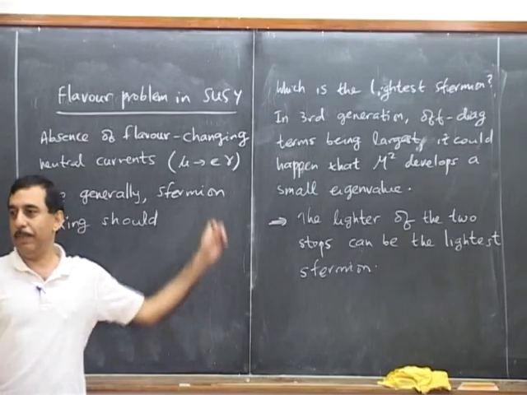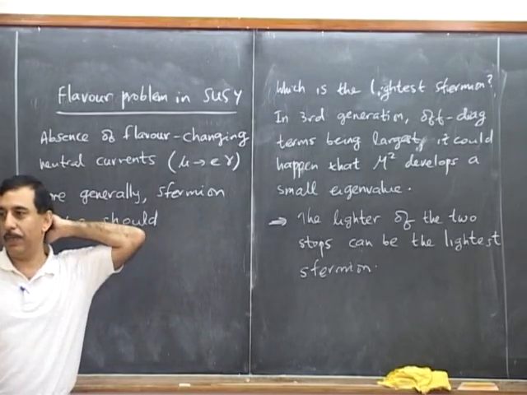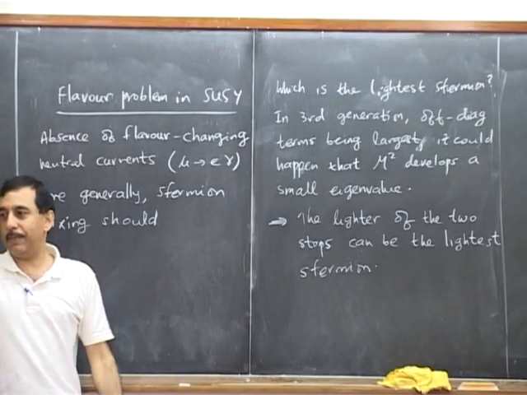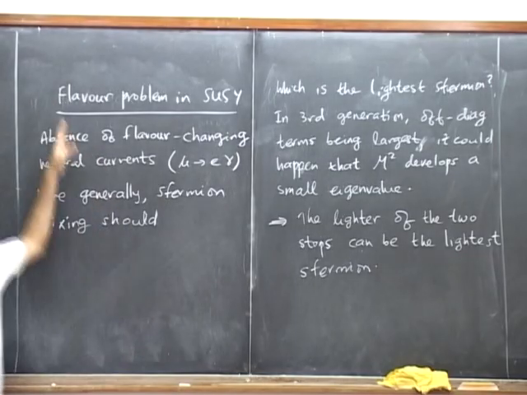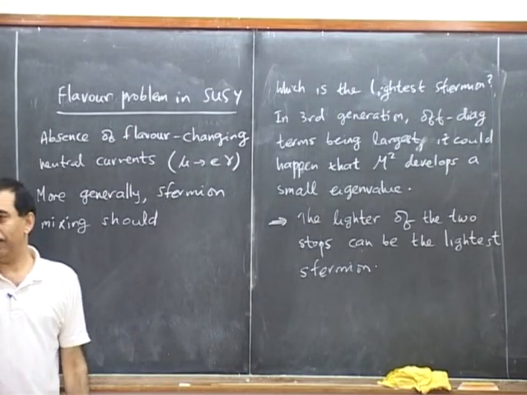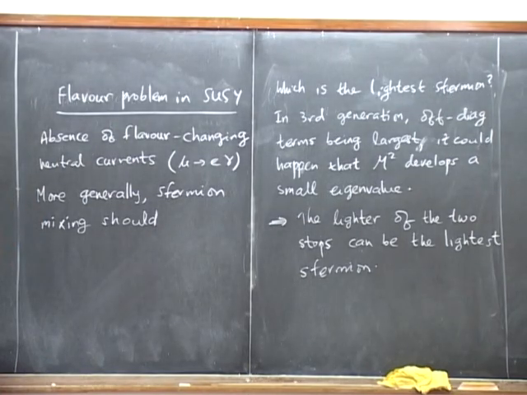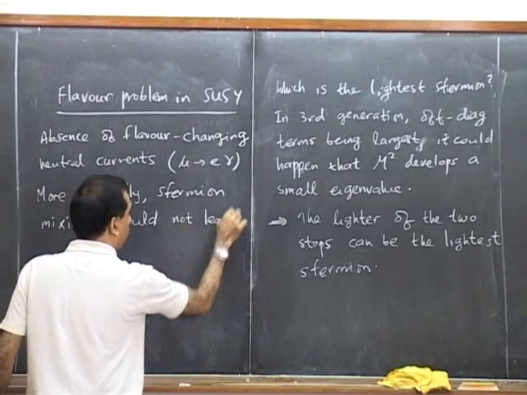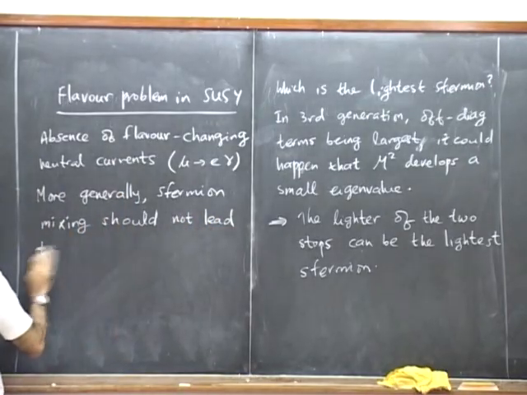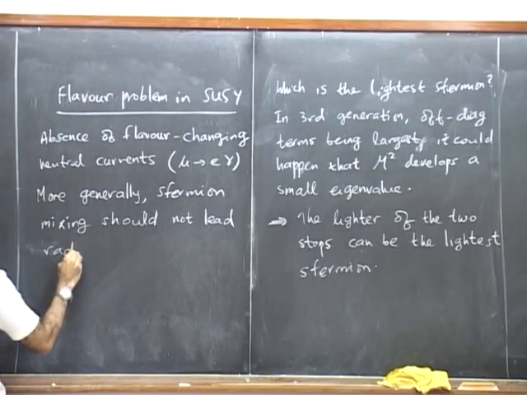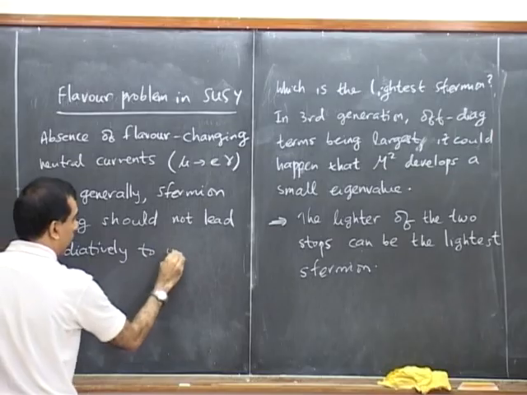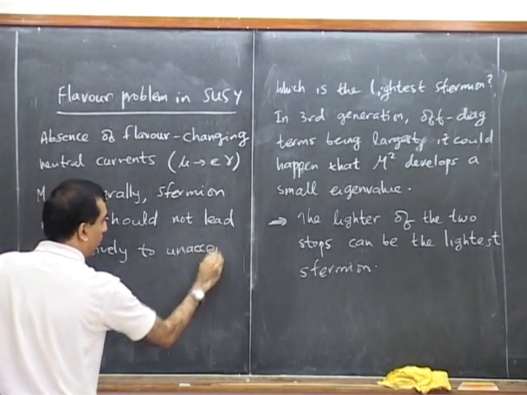But these mixed fermions will occur in loops, and they will cause conventional particles, including ordinary quarks, to mix, and these mixings will be the flavor problem if the mixings are larger than the experiment allows. So fermion mixing should not lead radiatively to unacceptable fermion mixing.